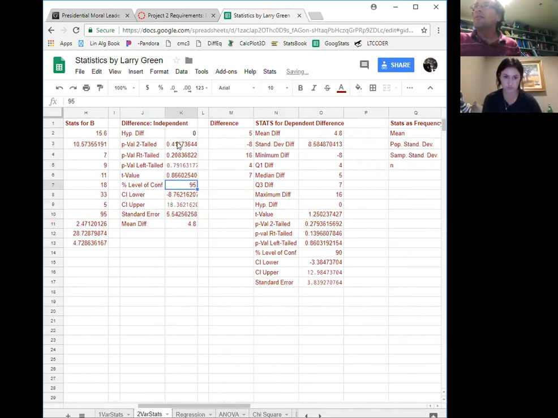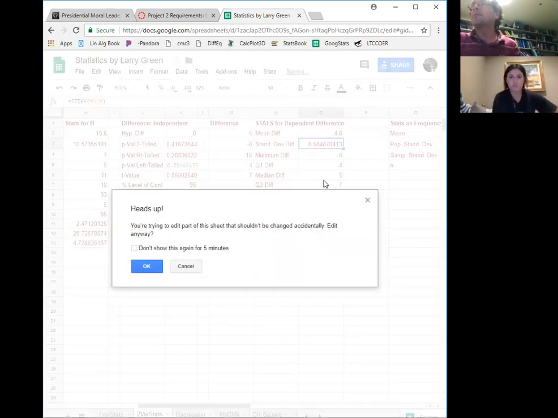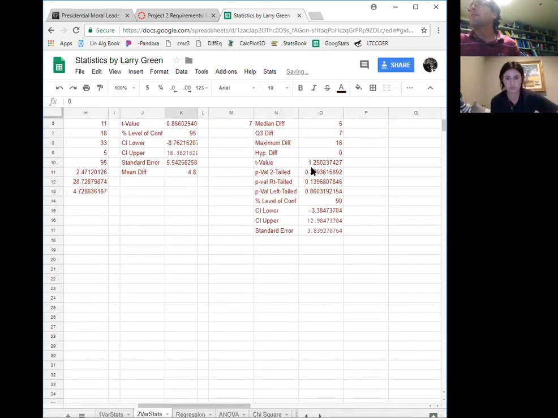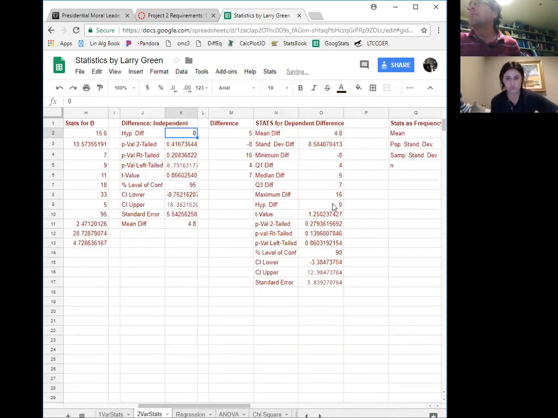So notice you're going to type in 0 for difference. Same thing, you'll probably have a 0 there. I'll just type in 0. Wait, sorry. For this one, for independent, the difference is 0. Dependent difference, I think I forced you to be 0. You could change that number, but I recommend not changing it.